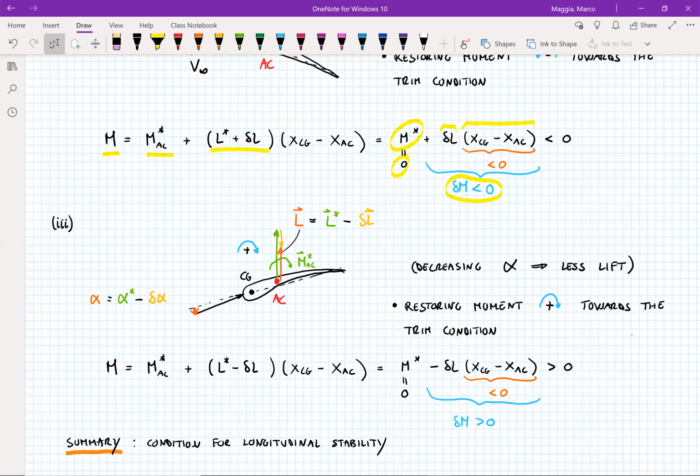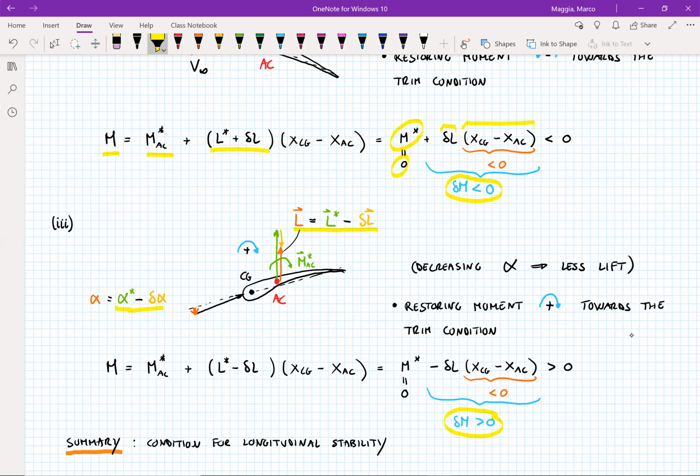It's a similar thing if we have a decrease in angle of attack with respect to the trim condition. If we decrease the angle of attack, then we're going to decrease the overall lift, and so the resulting increment in pitching moment is positive.